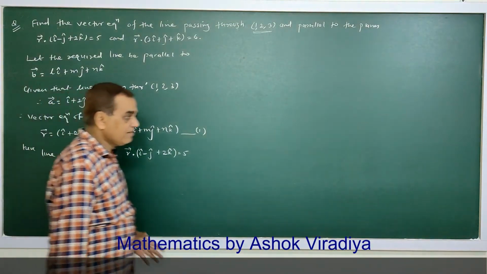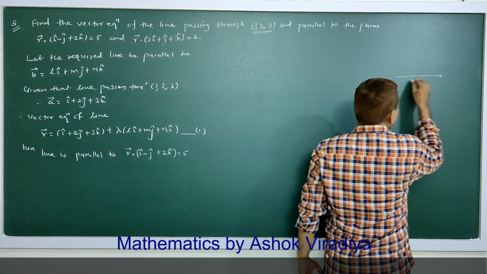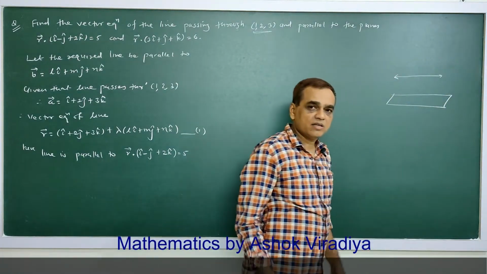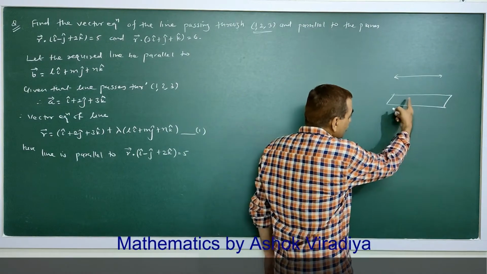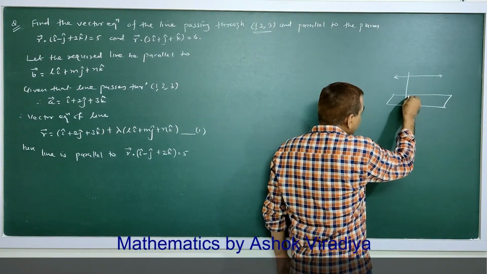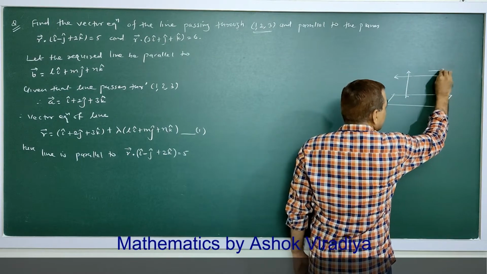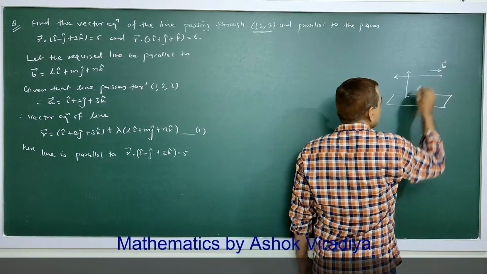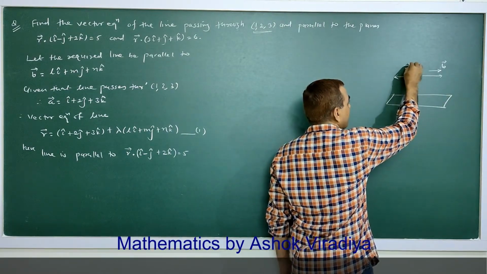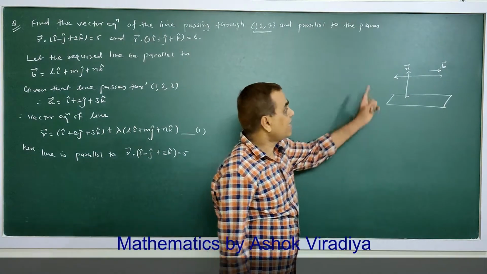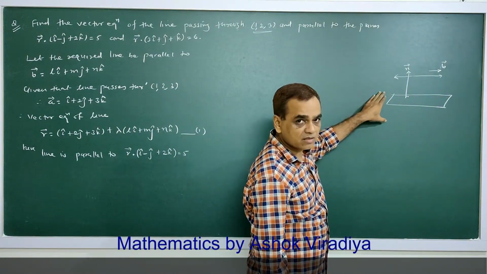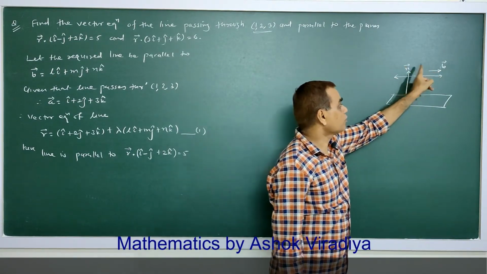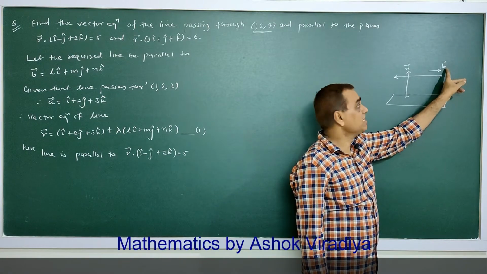Now see, whenever any line is parallel to any plane, then what will happen? The normal to this plane and a vector parallel to this line, both will be perpendicular. When the line is parallel to the plane, then the normal to the plane and the line will be perpendicular. So the dot product of the normal and vector b will be 0.